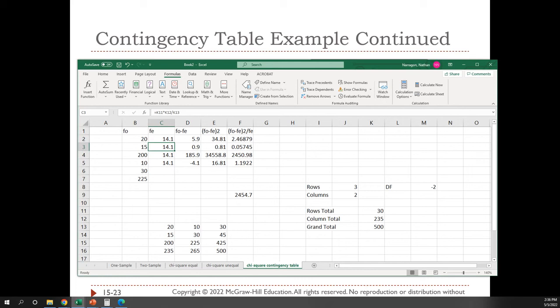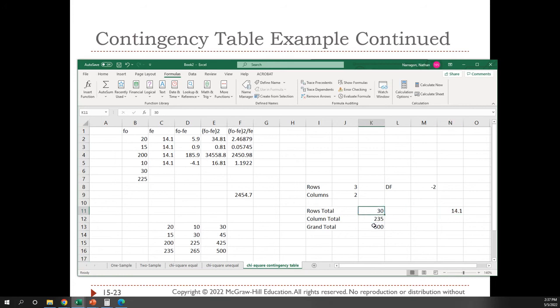So next is the next row. So yeah, we're going to have to do this individually for each one. So we just need to have this as a calculator. And we're going to have to manually input these, unless you really want to make it completely complicated. So 30 times this divided by this.